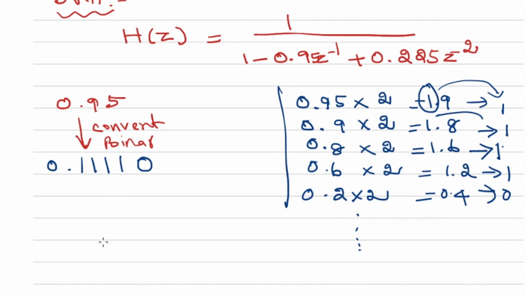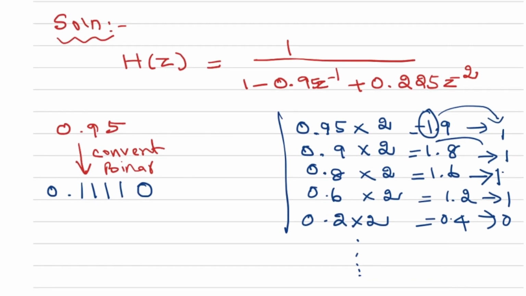Okay, so what we did was, now we convert this decimal to binary, and in the problem it is asked to quantize to 3 bits. So we are going to consider only 3 bits: 1, 2, 3. We are truncating and discarding the remaining bits.